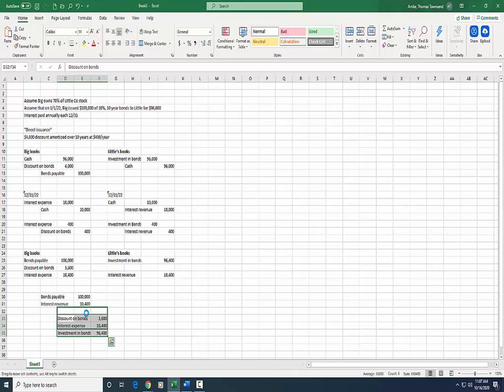Notice that this entry has no effect on income. From a consolidated standpoint, these bonds never existed. So we're getting rid of $10,400 of revenue and $10,400 of expense. This has no effect on income.